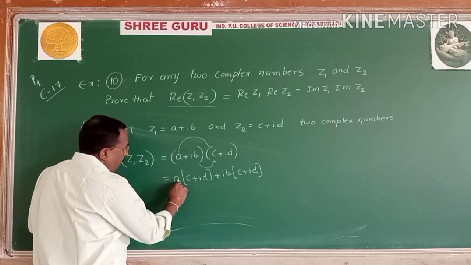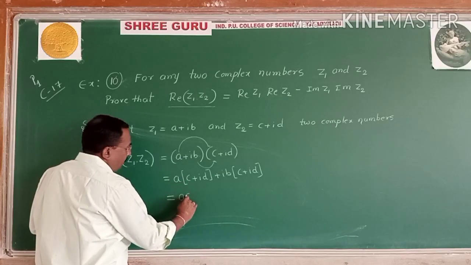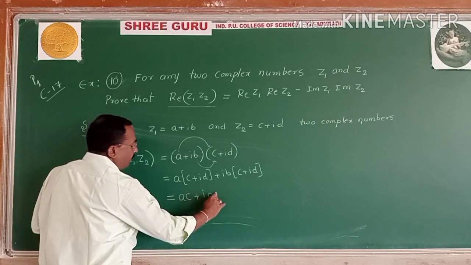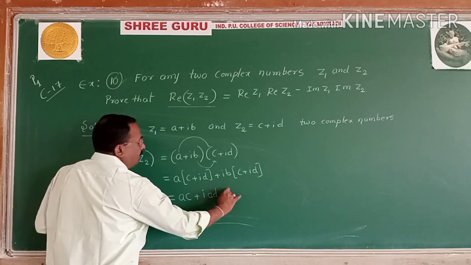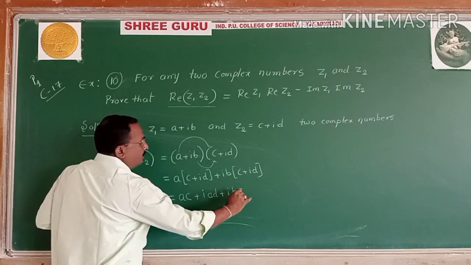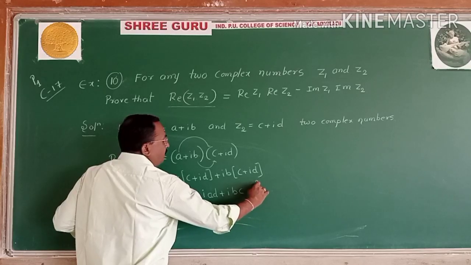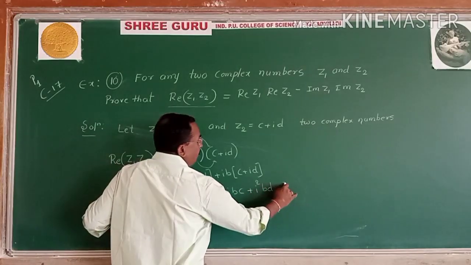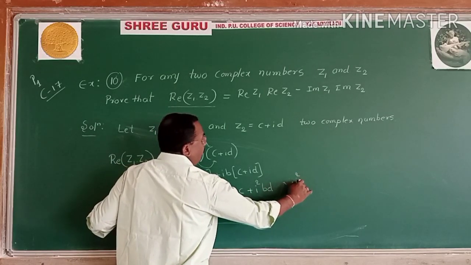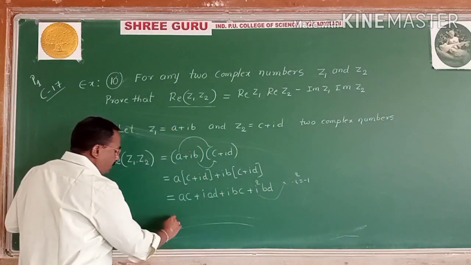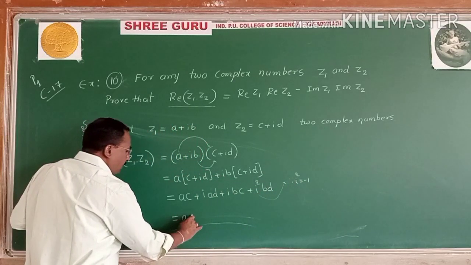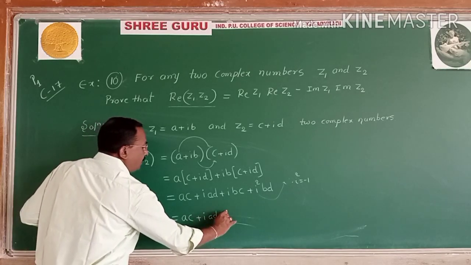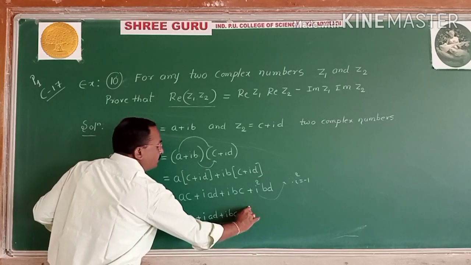Simplify: a into c, ac plus i times of ad plus i times of bc plus i square times of bd. Here, because i square value is minus 1, it is equal to ac plus i times of ad plus i times of bc minus bd.